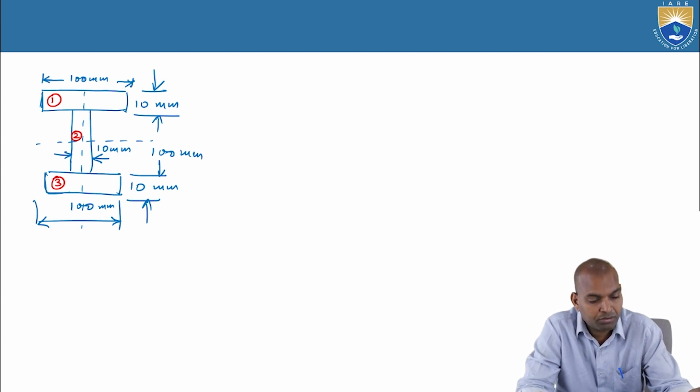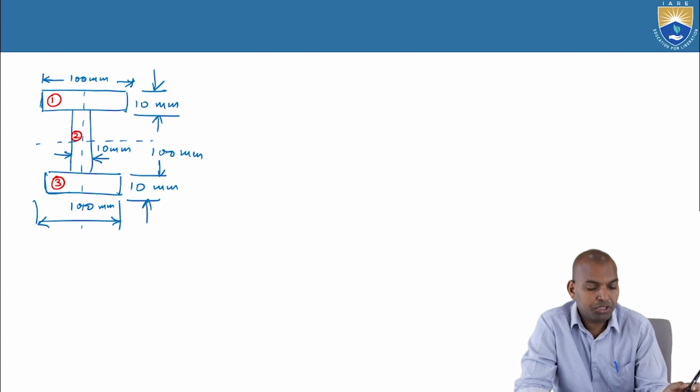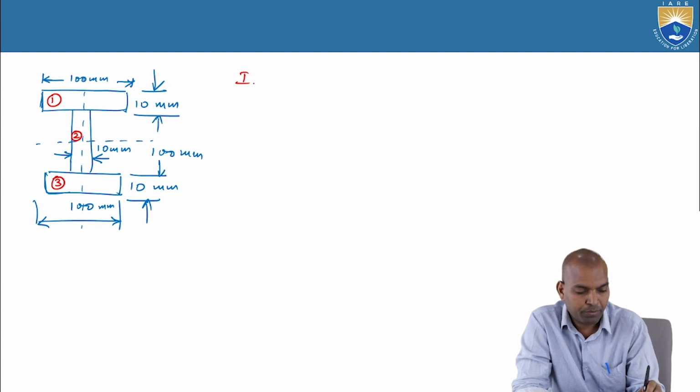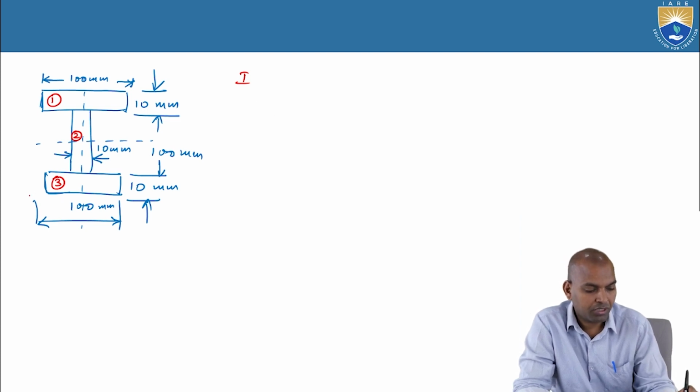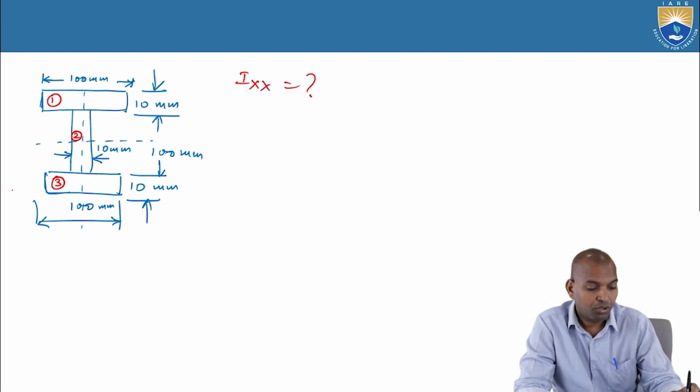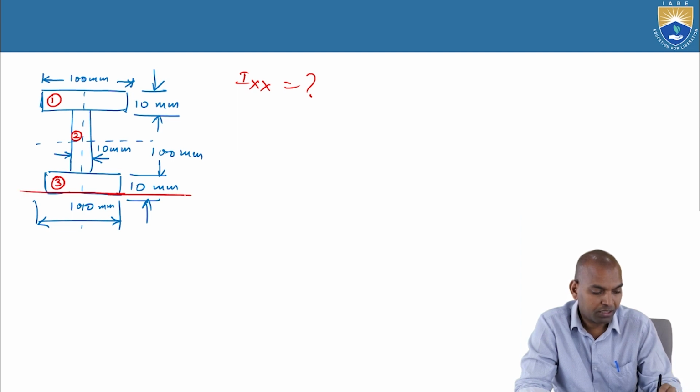Now, how do we find the moment of inertia about axis XX and axis YY? First, we calculate the moment of inertia parallel to the horizontal x-axis, IXX.